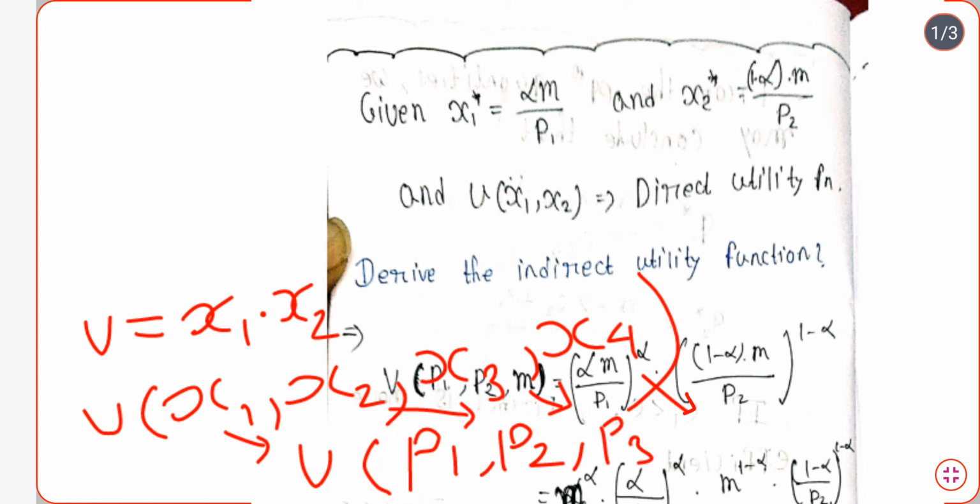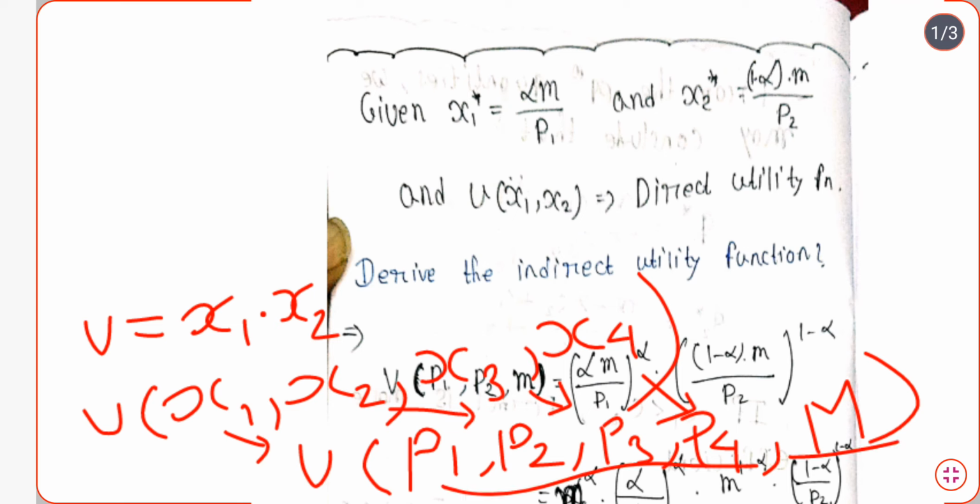For x4, suppose P4 is the price of x4, and the income of the consumer, that is suppose M or I. So when we represent utility as a function of price of the commodities and the income of the consumer, then it becomes indirect utility function.